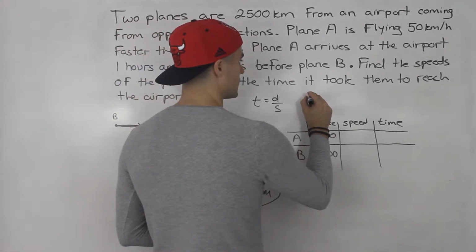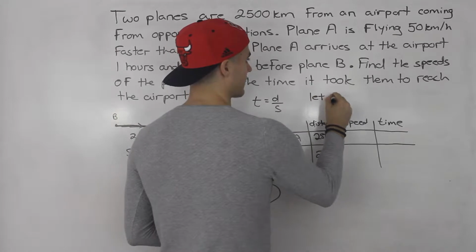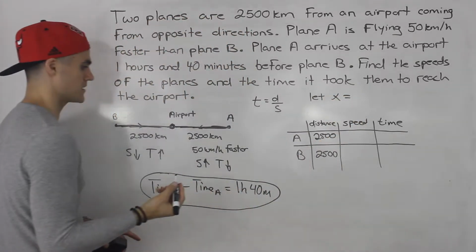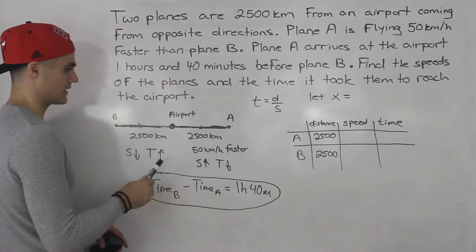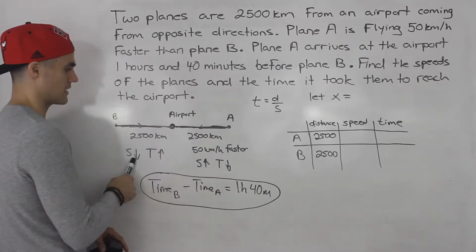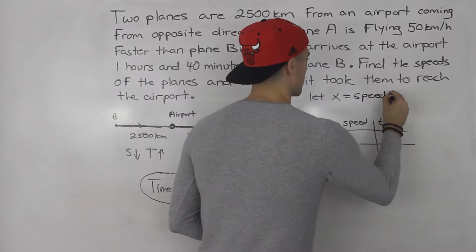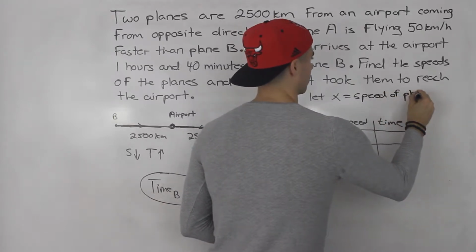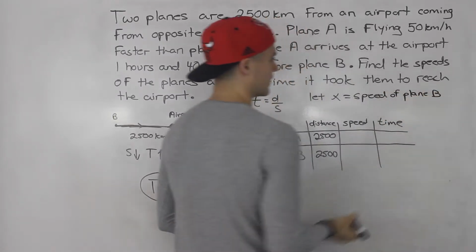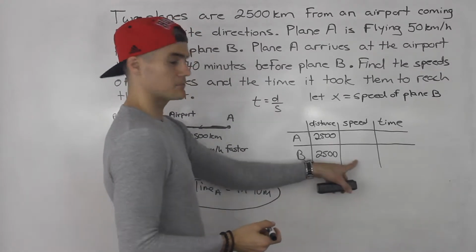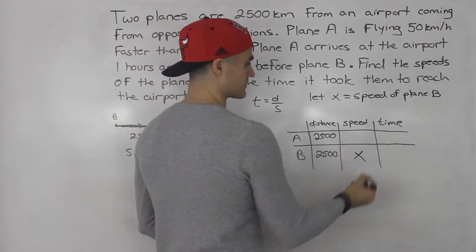Let's say we let x equal one of the speeds. I say we let it equal the smaller speed, which is the speed of plane B. So the speed of plane B is x.